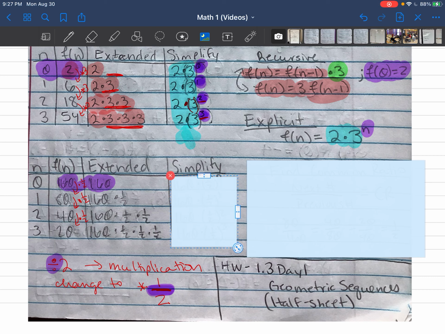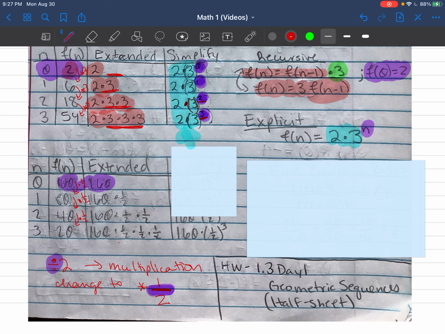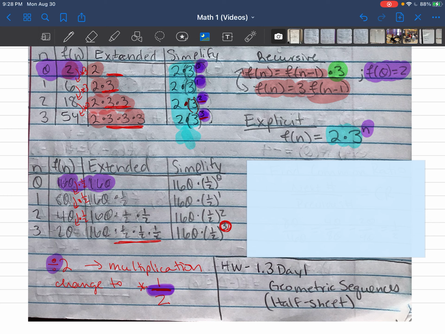So now I'm going to simplify this. And this time I multiplied by 1/2 3 times, so I have a 3 exponent. I multiplied 1/2 twice here, so I have a 2 in my exponent. I multiplied 1/2 once here, so I have a 1 in my exponent.